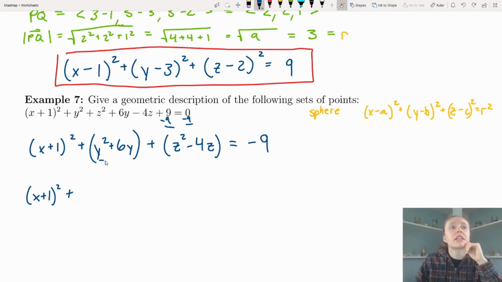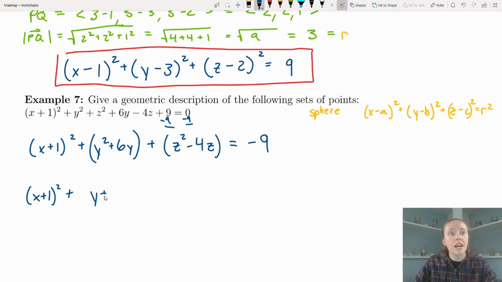So how would I complete the square for y squared plus 6y plus or minus something else gives me a completed square? Well, because my coefficient of y squared is 1 and I have 6, all I need to do is divide that 6 by 2. 6 divided by 2 gives me 3.